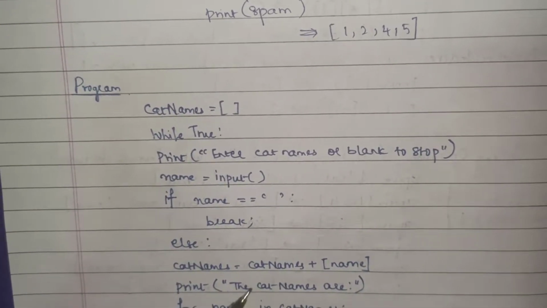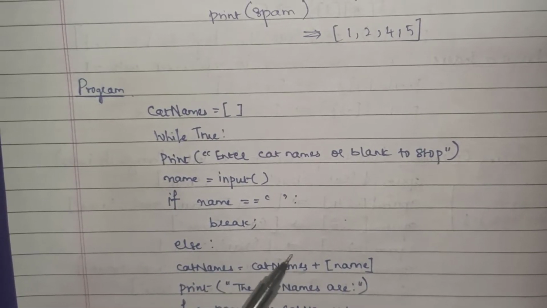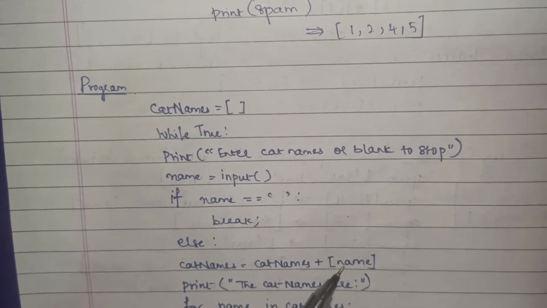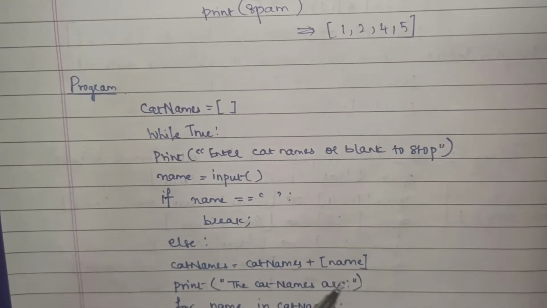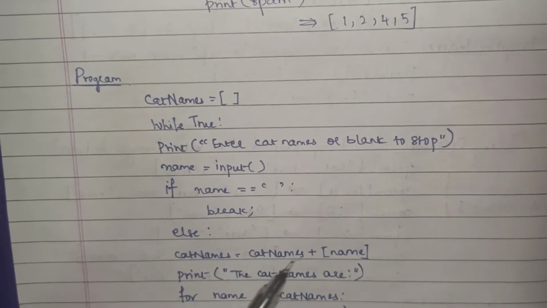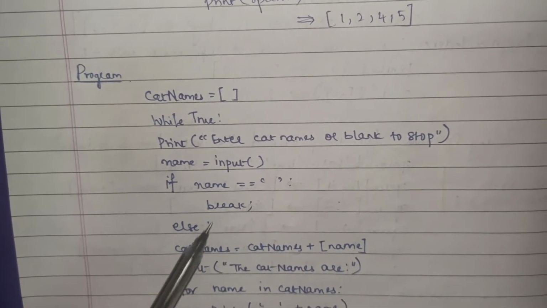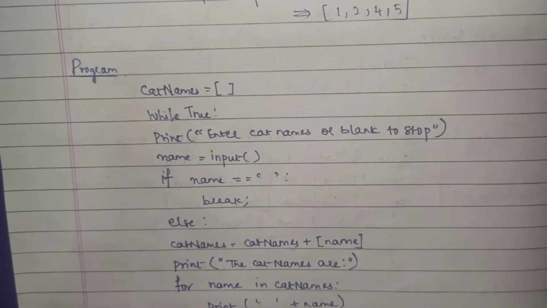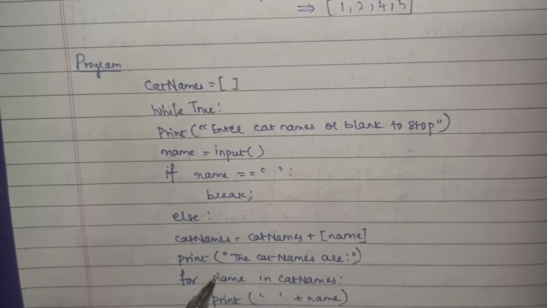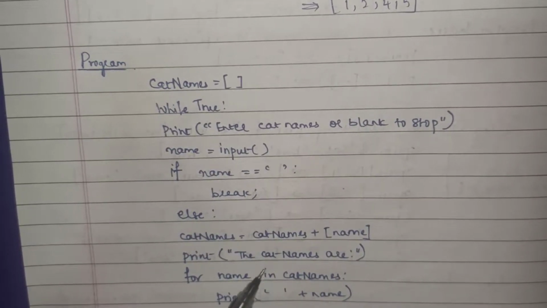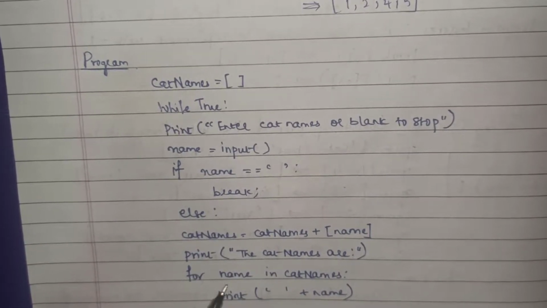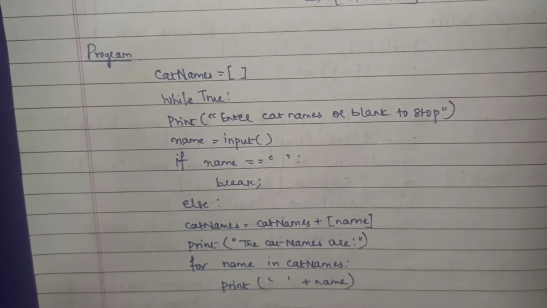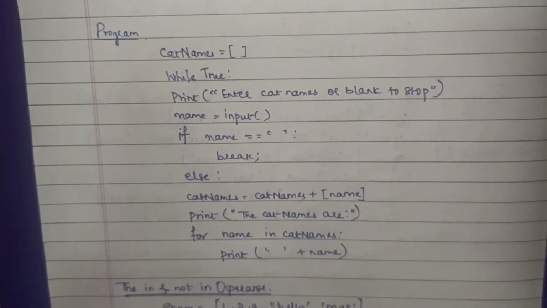Else, you append: cat_names plus whatever was entered by the user, converted into a list. It is written in square brackets, and cat_names plus that will be stored in the original list. Then you print the cat names are, and you run a for loop for whatever name is present in cat_names. So this is the in operator which is used. Whatever name is present in cat_names will be printed in this statement.